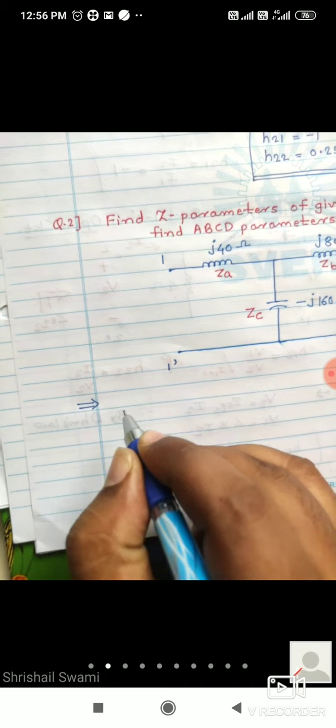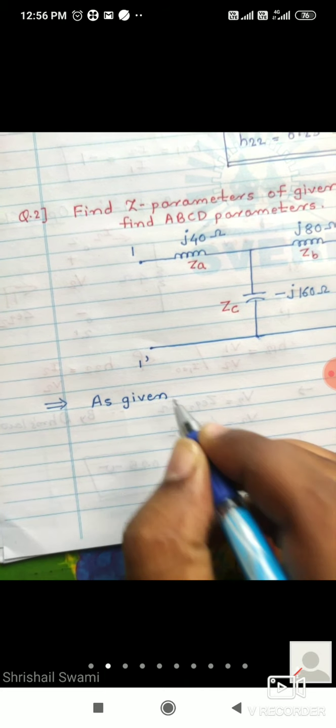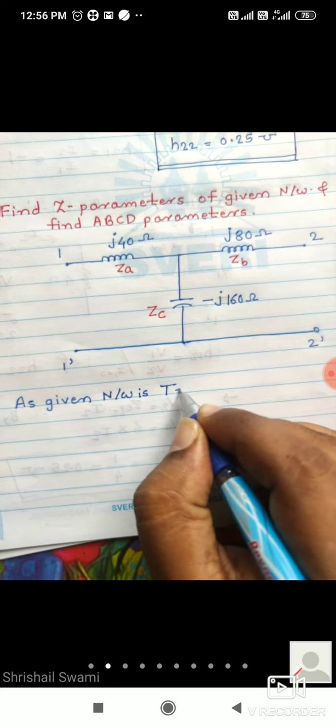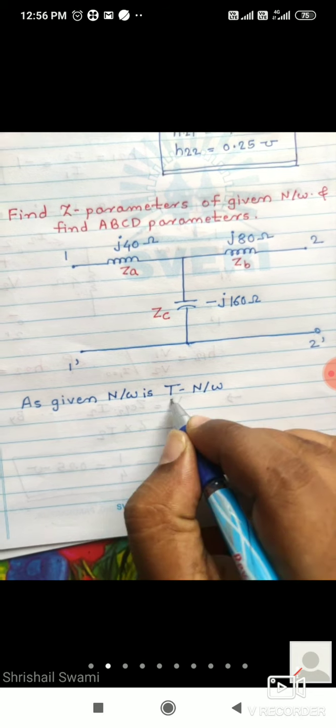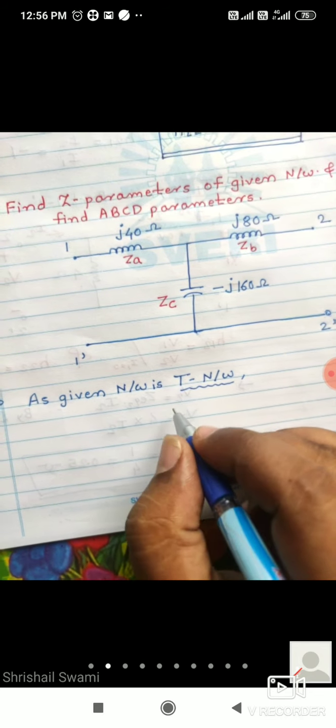So you can start directly: the given network is a T network.